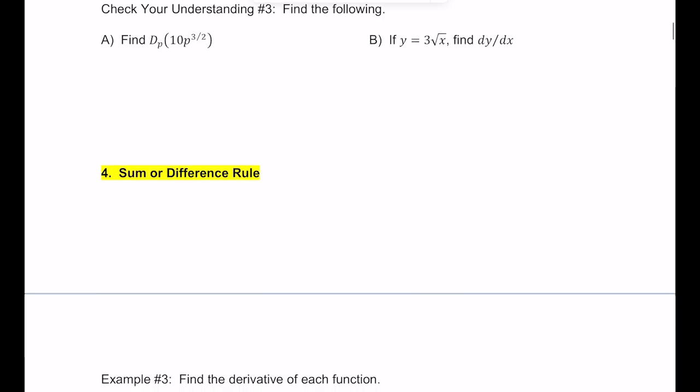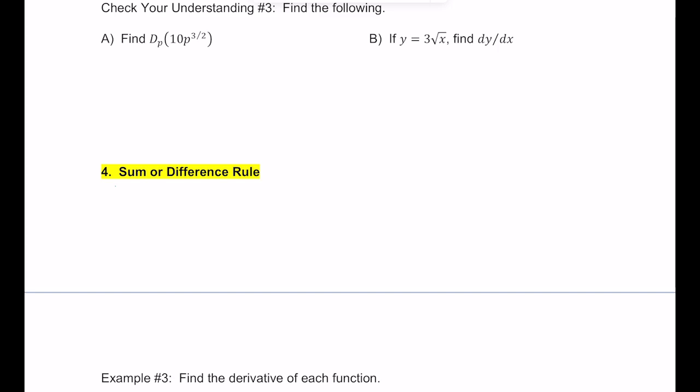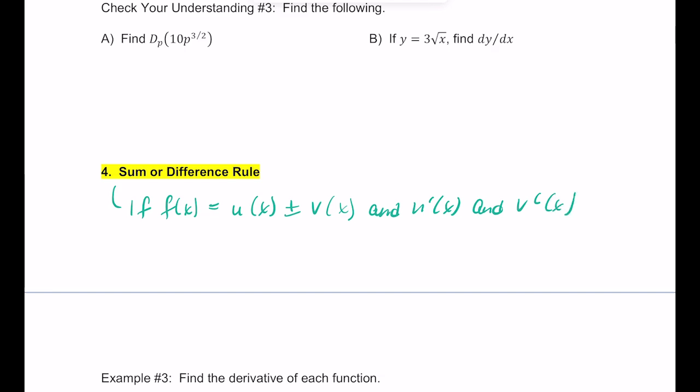Let's next look at what's called the sum or difference rule. So the sum or difference rule tells us that if f of x is equal to u of x plus or minus another function we'll call v of x, and u prime of x and v prime of x exist, then f prime of x is just going to equal the derivative with respect to x of u of x plus or minus v of x.